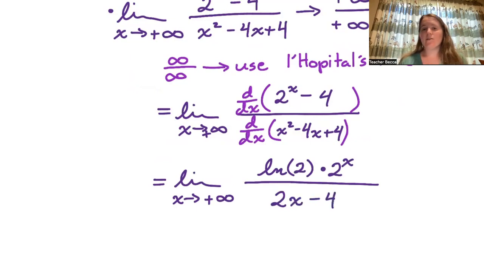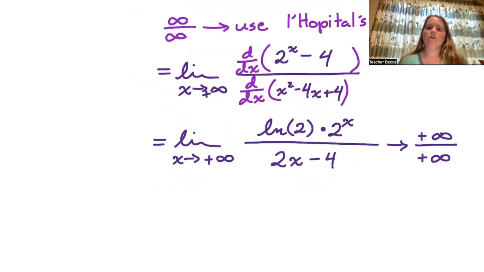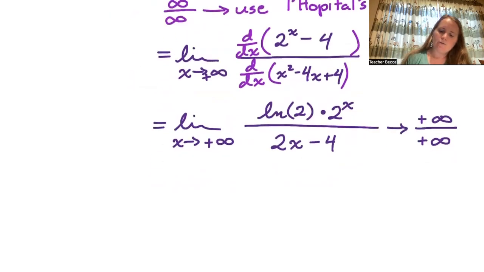Again, as x goes to positive infinity, natural log of 2 times 2^x blows up to positive infinity. 2x - 4 also goes to positive infinity. So we have an infinity over infinity situation again.